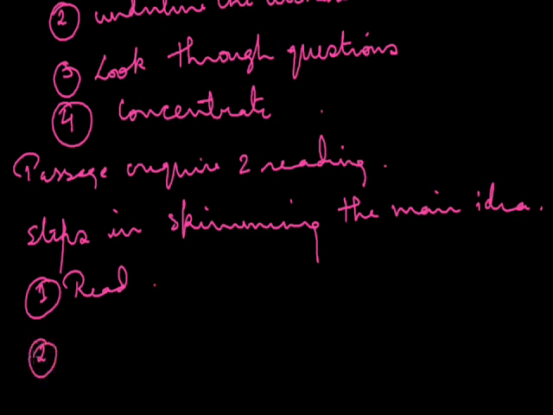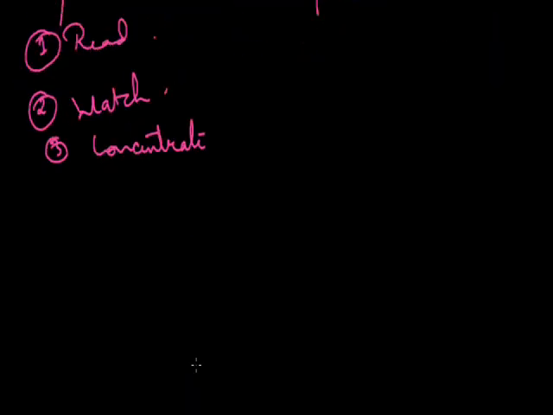Second is to watch for keywords like causes, results, effects, etc. Do not overlook signal words such as those suggesting controversy, like versus, pros and cons, which indicate that the author is planning to present both sides of an argument. And step 3 is to concentrate on the main ideas and ignore the details.